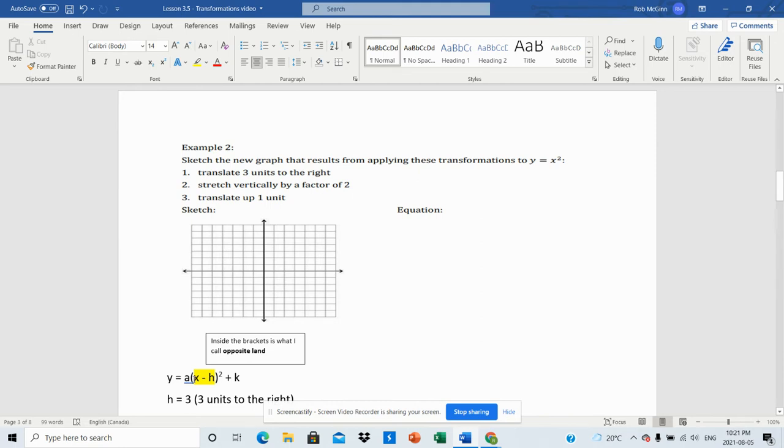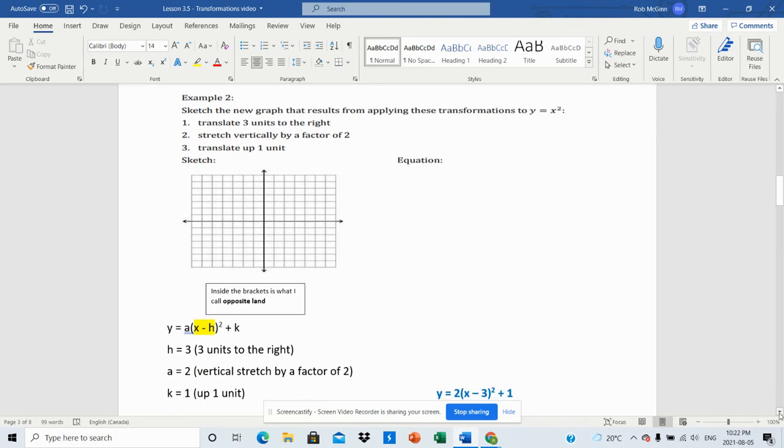Well, if we look at our equation and we have minus h, so say we have minus 3 in here, that's actually translating 3 units to the right. If it's positive 3, that means we're actually going 3 units to the left. So it's opposite of what we think. That's why I call it opposite land. Not quite as fun as Candyland, but we try. I know, bad jokes, bad jokes.